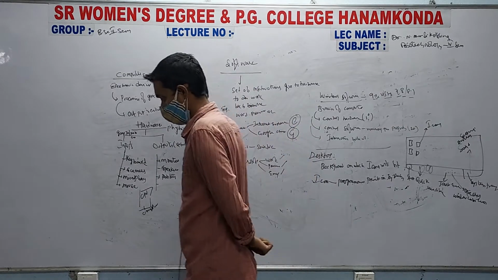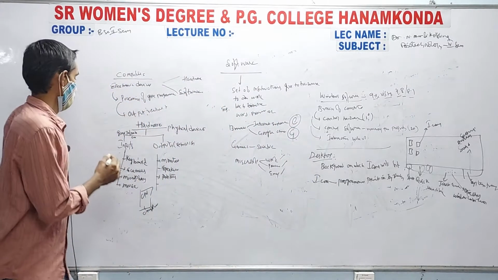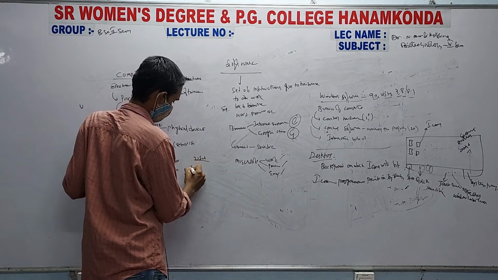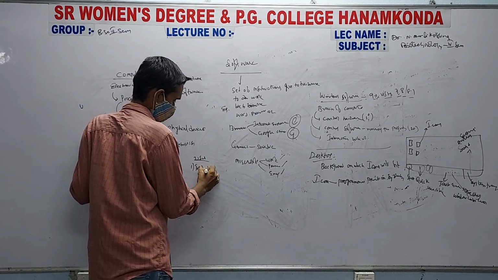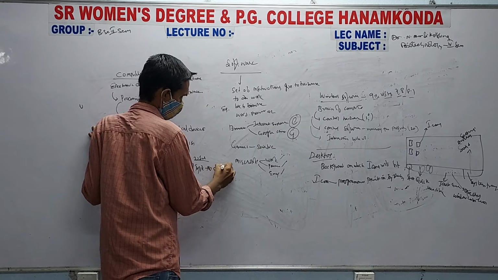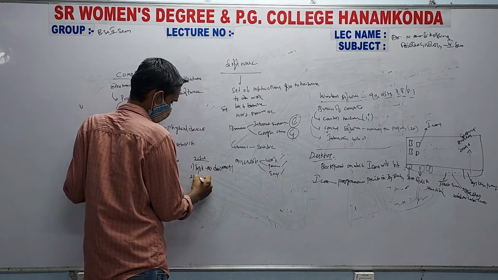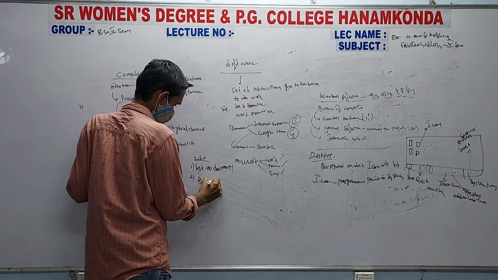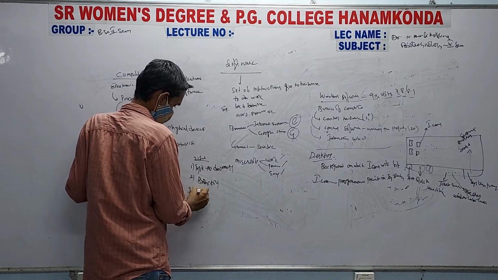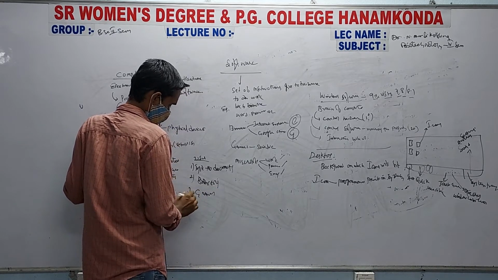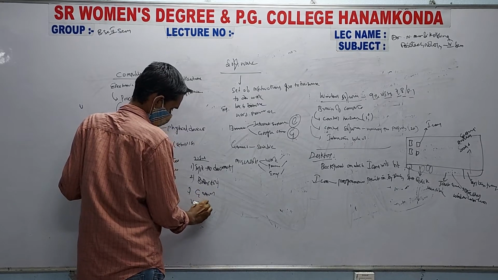So coming to the uses of computers, one is we can type documents. Second one is browsing. Third, playing games. Fourth one is storage.